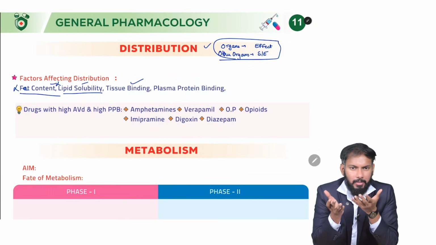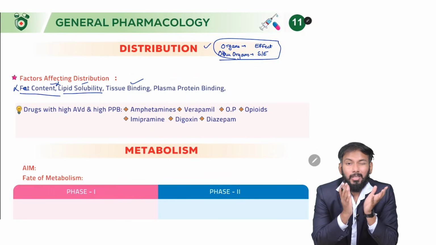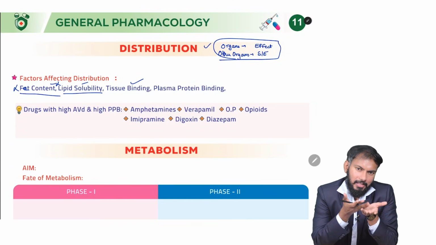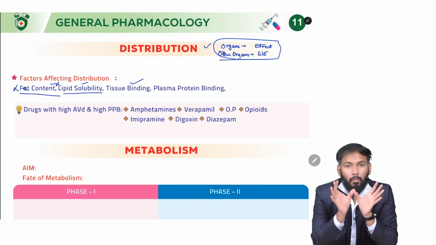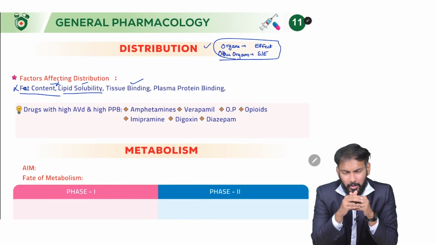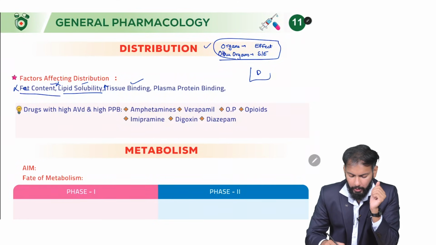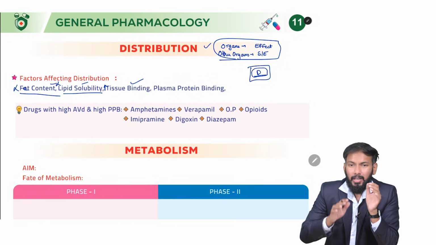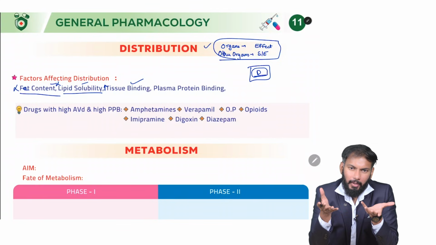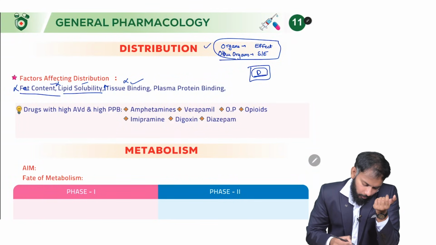If there is more fat content, lipid soluble drugs will stay in the fat, so volume of distribution is directly proportional to this. Now tissue binding. Tissue binding means the drug is going to a tissue and binding inside it. If the drug is staying in the tissue for a longer period of time, that means volume of distribution is more, so it is also directly proportional.